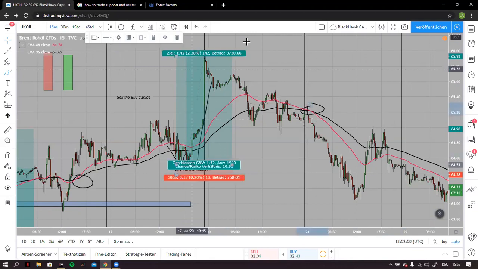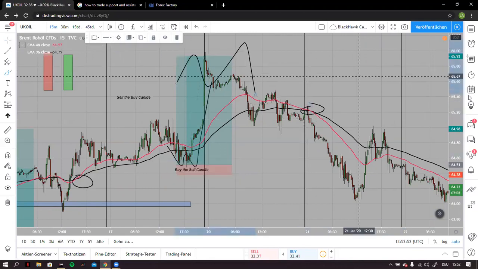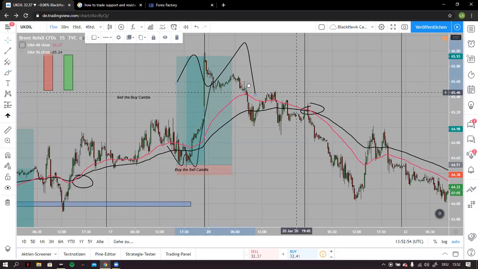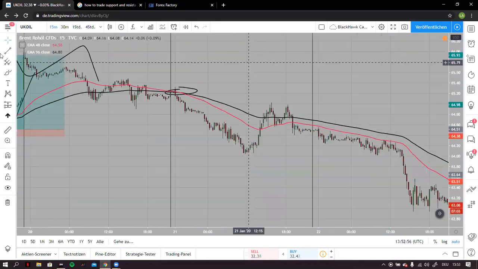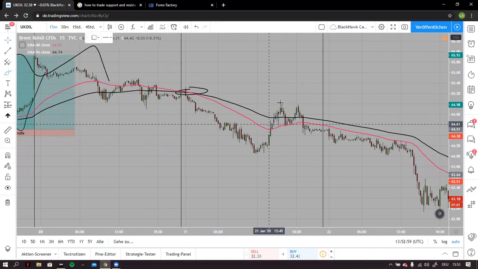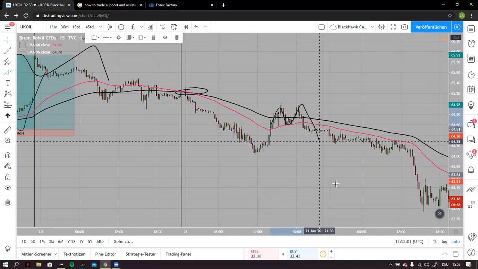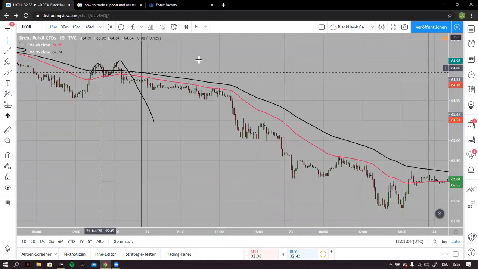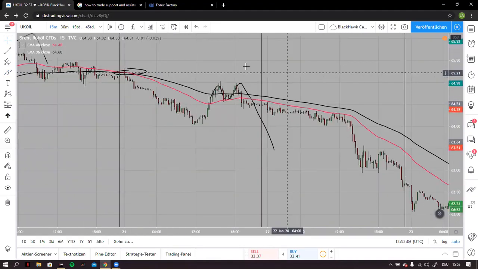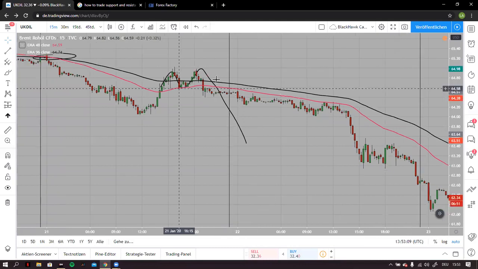High of the week was already made with a trap. Then it comes to the retest. Yes, here, making that information at the high of the day, drop again. And if you didn't get the information, this retest would also be valid.